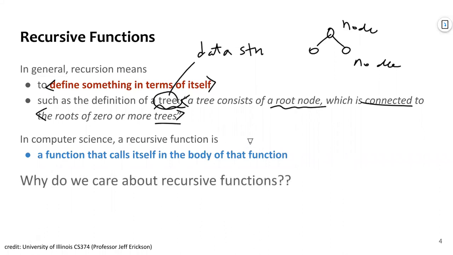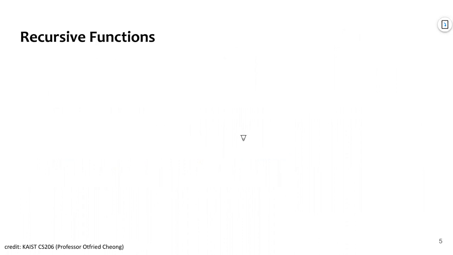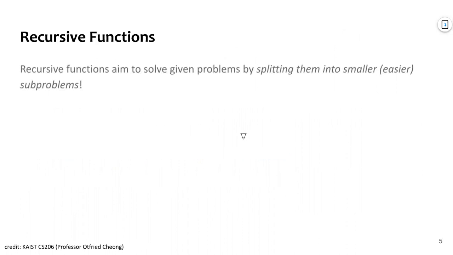Then why do we care about recursive functions? Recursive functions aim to solve given problems by splitting them into smaller or easier subproblems. Some of you might have heard about divide and conquer.